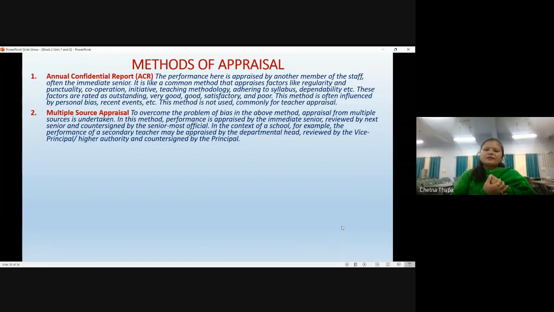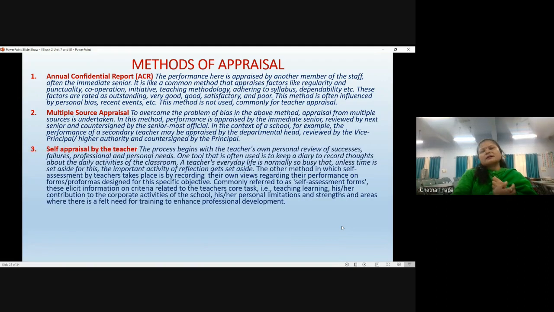Then that departmental head will submit the report to the vice principal, who will review the report, and then that report will be countersigned by the senior most official, that is the principal of the institution. So this is multiple source appraisal.